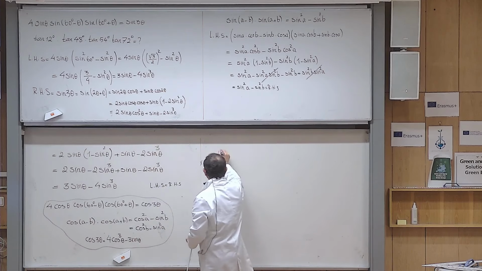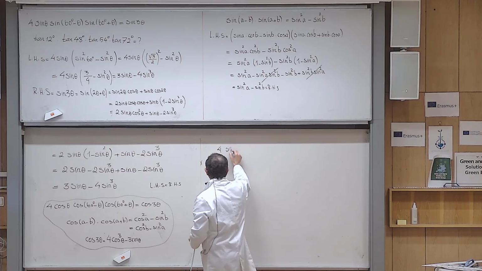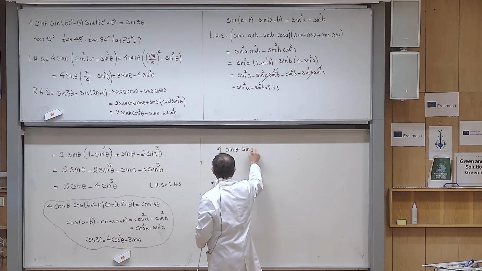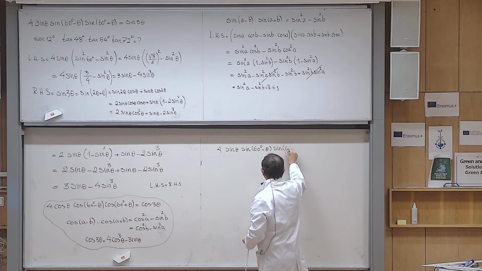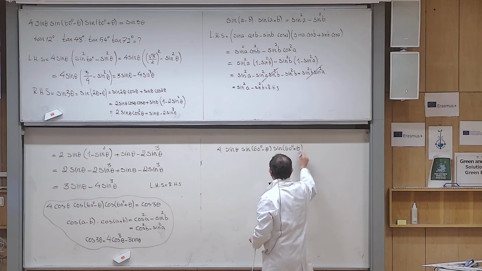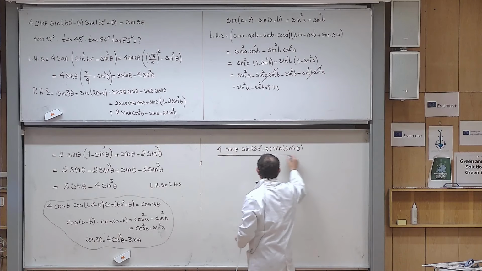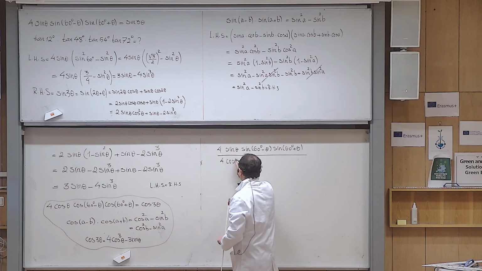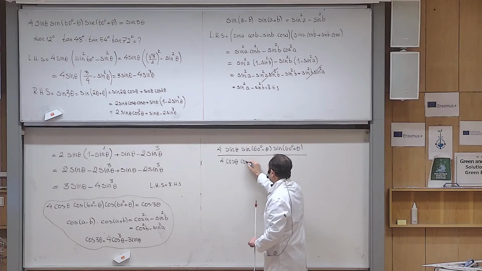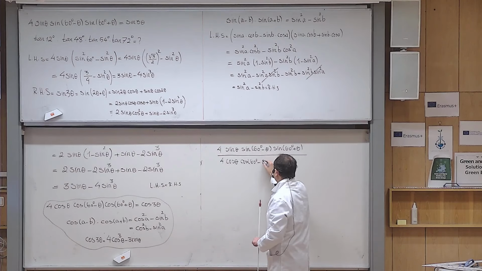So what happens? It becomes 4 sine theta sine 60 degrees minus theta sine 60 degrees plus theta. And I divide it by the left-hand side of the second identity that you're supposed to prove yourself. It becomes 4 cosine theta cosine 60 degrees minus theta and cosine 60 degrees plus theta.